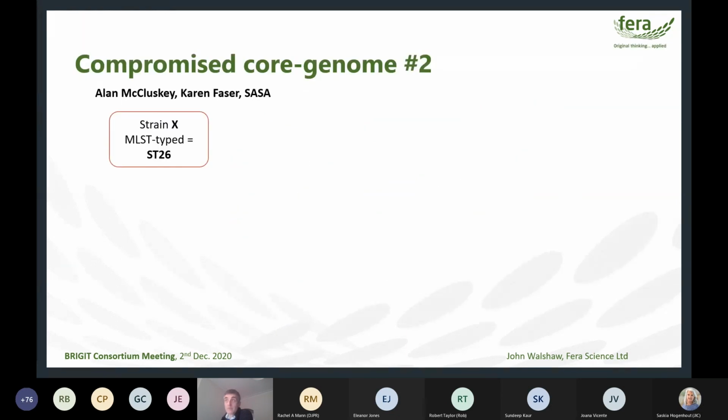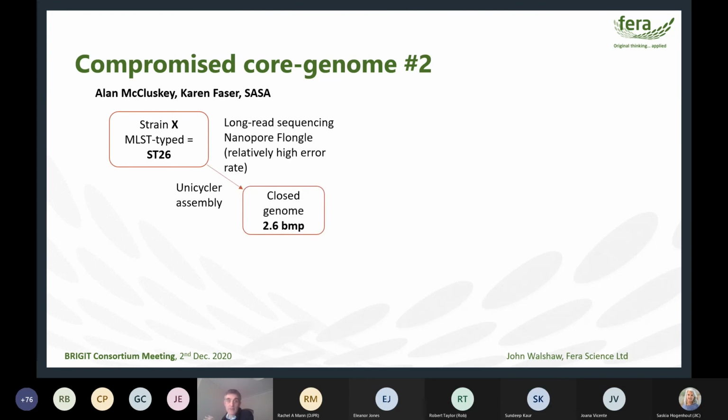And I just wanted to finish with something we did very recently, which is another type of compromised core genome. So we're actually back to isolates now, but this is a strain which Alan has been sequencing. He was trying out a new kit to do long read sequencing, and the short story is he got a closed genome, but it's nanopore sequencing.